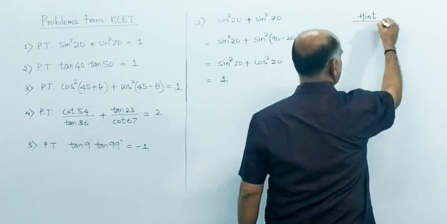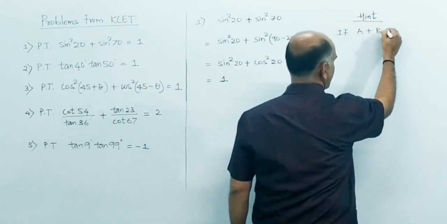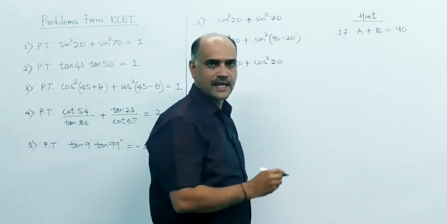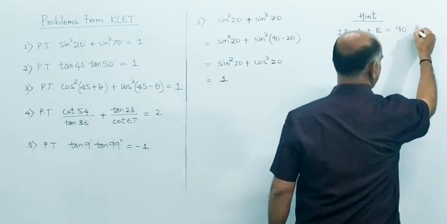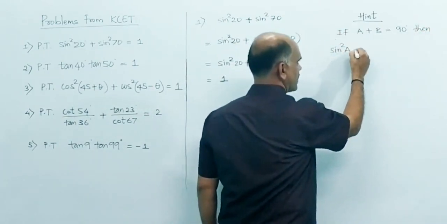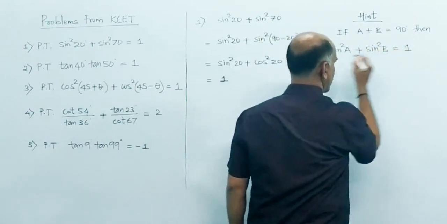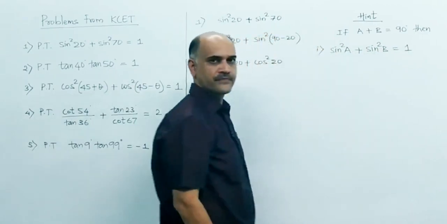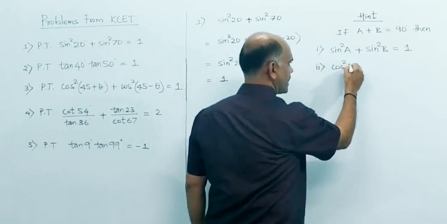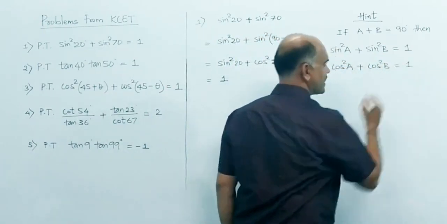Hint. If A plus B is equal to 90 degrees, if the sum of two angles is 90, then sin square A plus sin square B is always equal to 1. Second, similarly, cos square A plus cos square B will be equal to 1.